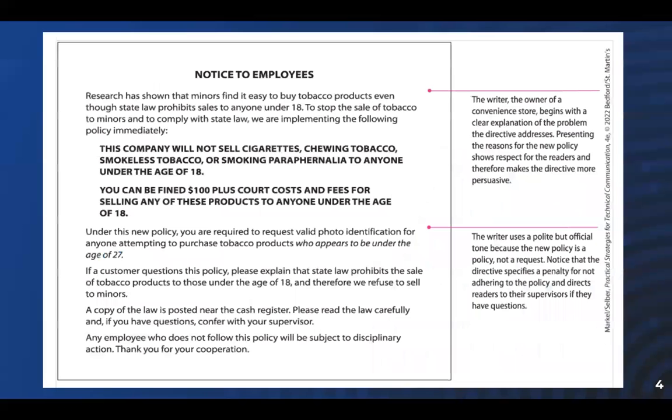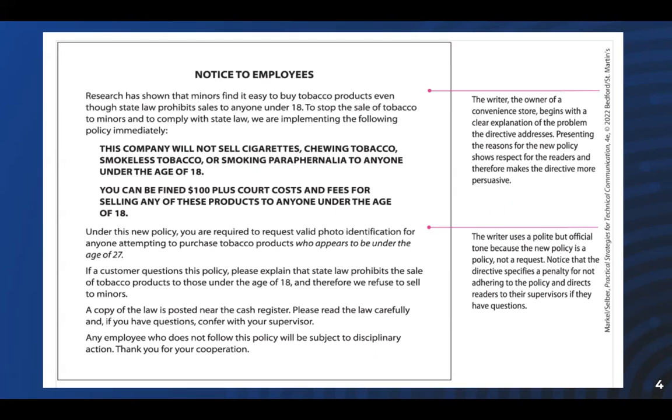So we have an example of a notice to employees, and we're not going to read through every single word of this. This is a tobacco policy, because minors have been trying to get tobacco products. It's dangerous, it's illegal. So here are the policies of what's supposed to happen if somebody comes in trying to buy tobacco products.